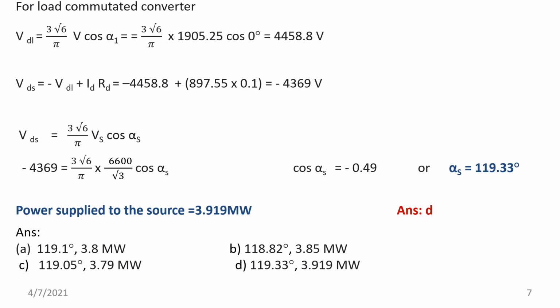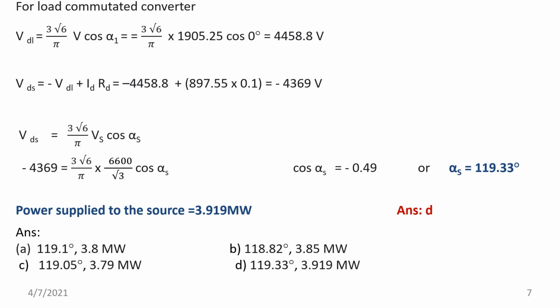Next I have calculated, similar to the previous case, V_D load side. So 3 root 6 by pi into V into cos alpha 1, where the value 0 degree is given. I have substituted all the values. If I simplify that, the answer is 4458.8 volt. And V_D source side is equal to minus V_D load side plus I_D R_D.